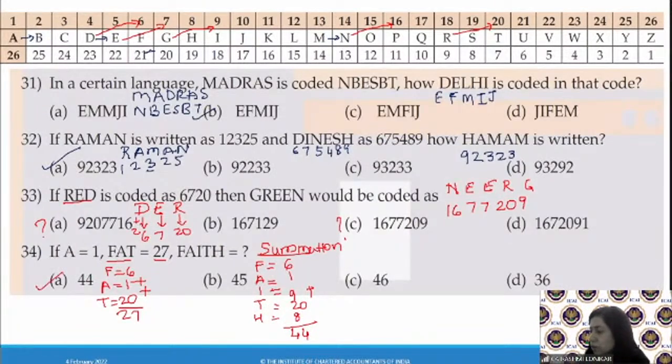Okay. So I am purposely writing it in the space that is there for you in the question paper so that you know how you will be able to do these sums. Okay. Any questions till now?